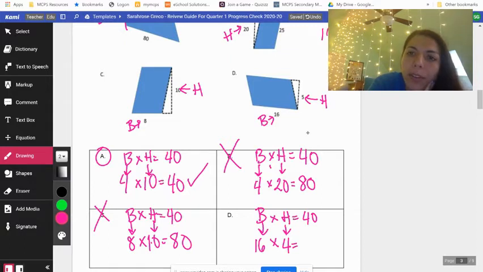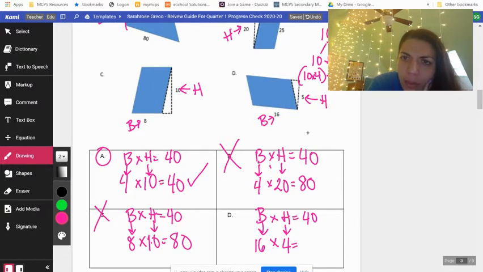So remember, 16 can be broken up into 10 plus 6, right? So then if you think about it like that, 10 times, and we multiply by the same number. 10 times 4 is 40, so that's definitely not working.